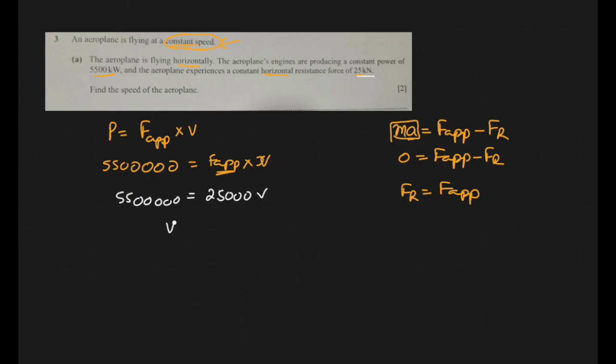Okay, so V becomes 5,500,000 divided by 25,000. Three zeros cancel here, and that comes out to be 220 meters per second. That is the speed at which the aeroplane is flying.